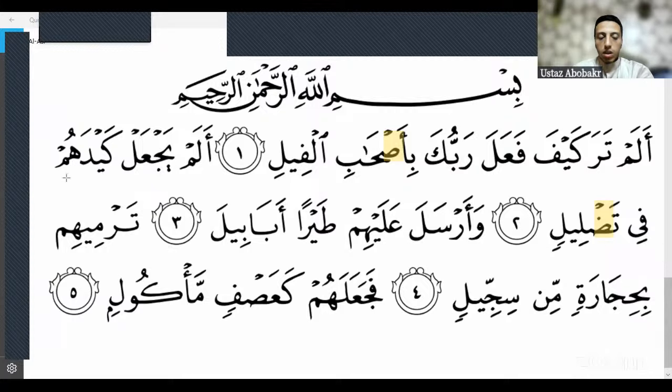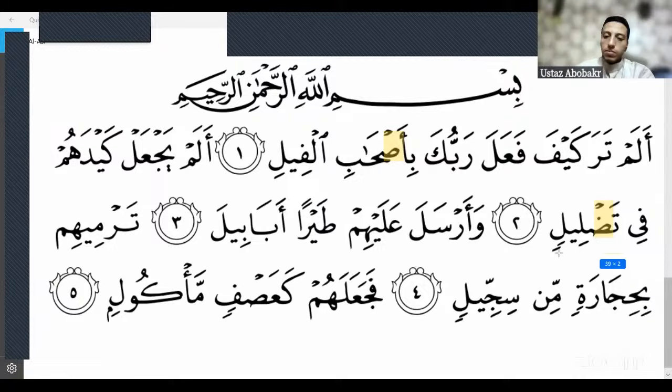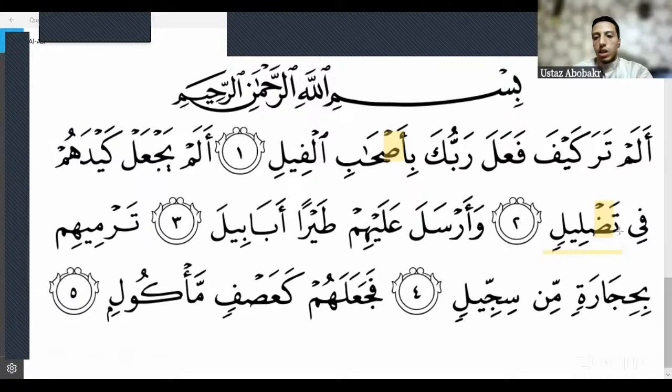The second ayah, alam yaj'al kaydahum fi tadlil. All the letters here are light, except letter Dad. So we say tadlil. Can you try to say it, please? Tazlil. Dad sound is different from Dha.